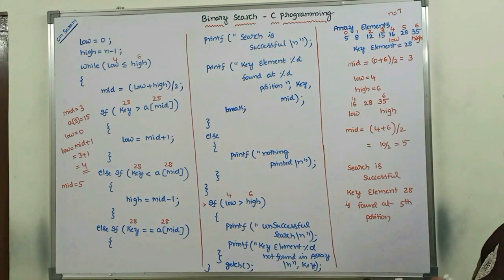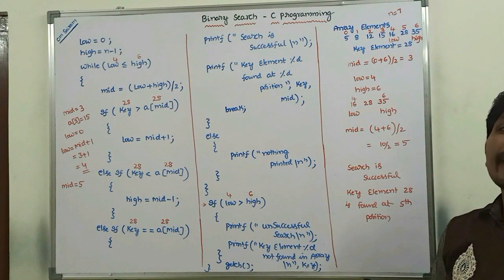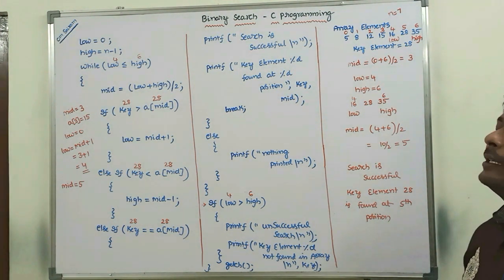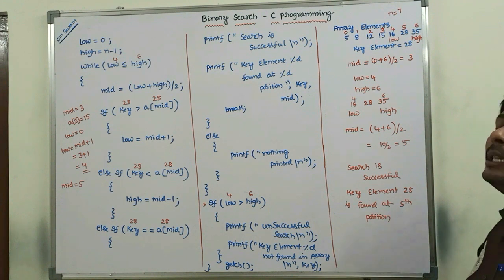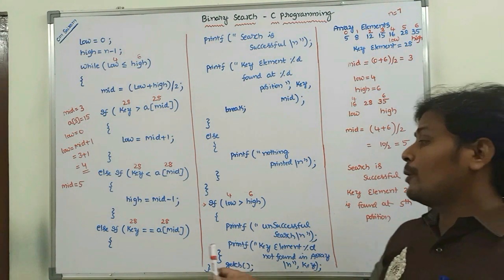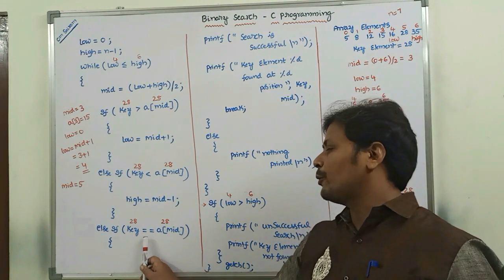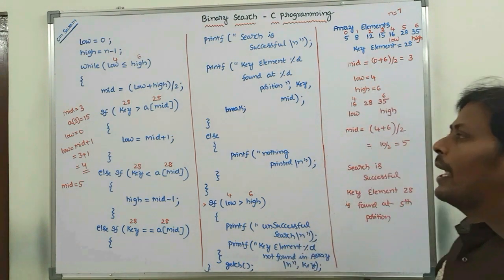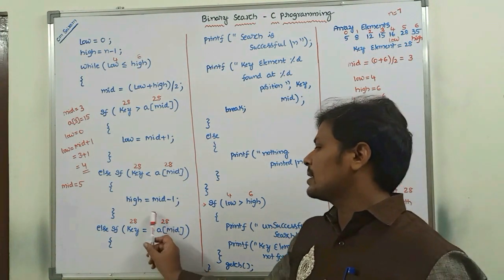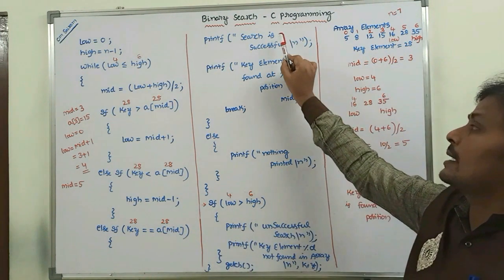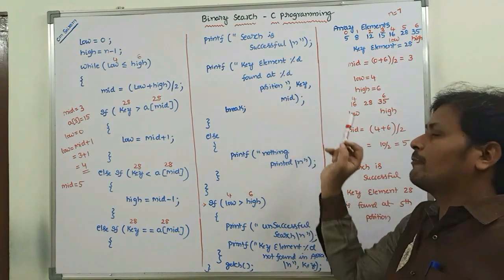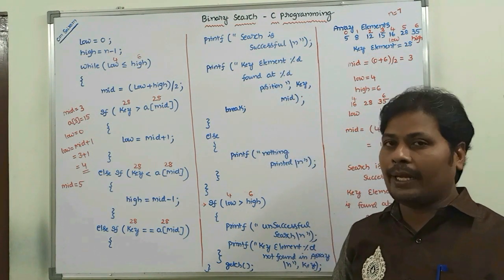So this process continues until the key element is found in the given array. So when is the key element found in the given array? By using this condition, key value equal to a of mid. Whenever this condition is satisfied, the search is successful, and key element %d is found in the given array.